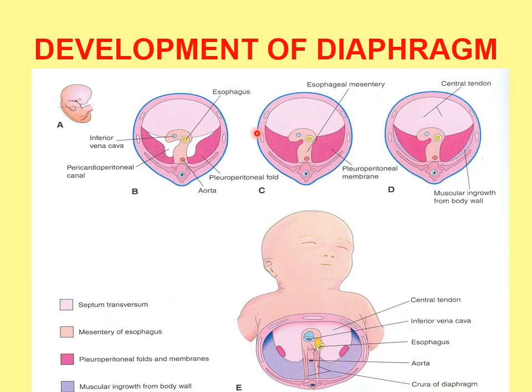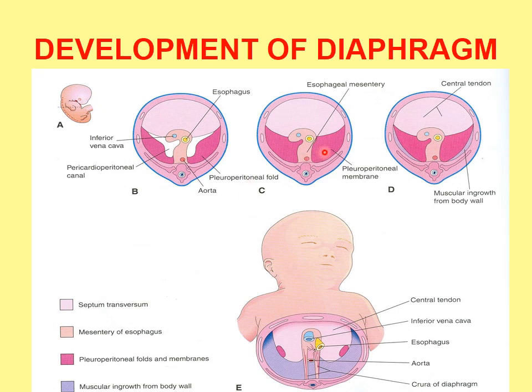So here you have seen the whole structure: the septum transversum, and from the dorsolateral body wall, the shelf-like, crescent-like extension, the pleuroperitoneal fold.